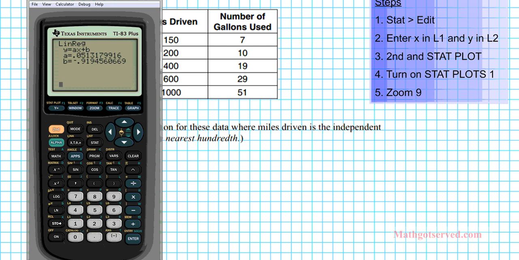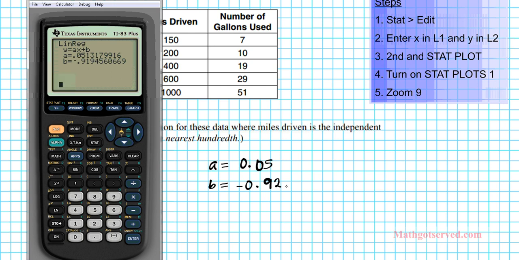A is equal to 0.05. Since the number behind the 5 is less than 5, we just truncate those pieces out. We don't have to round up. And then for B, we have negative 0.92, since the number behind the 1 is 5 or greater.